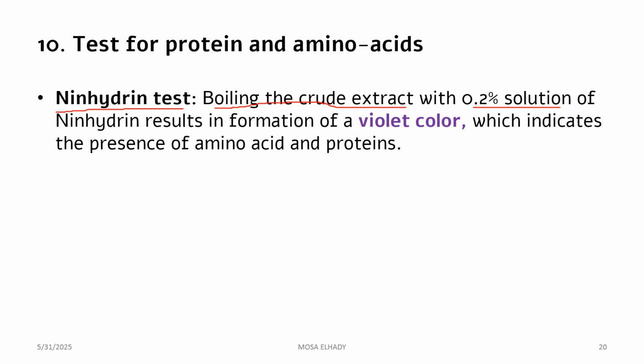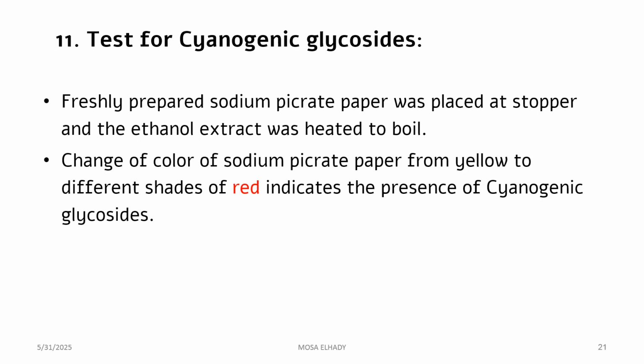This is the preparation and extraction step: boiling crude extract with 2% solution of ninhydrin. In interpretation, at the end of the test, we note the change of color to violet, which indicates the presence of amino acids and protein in the extract.